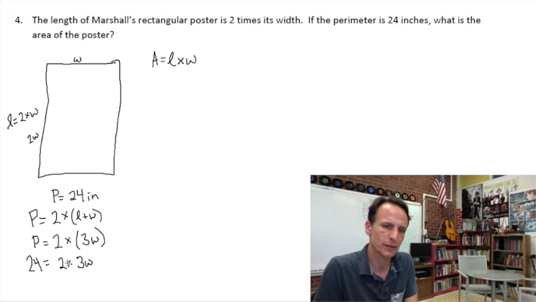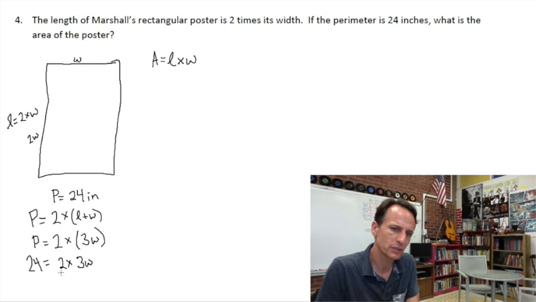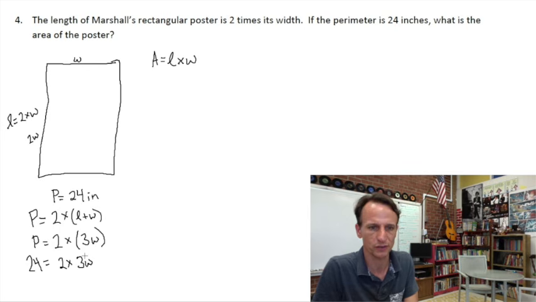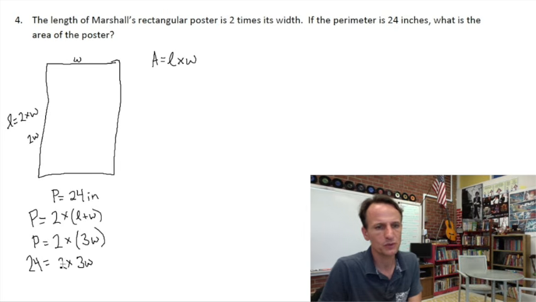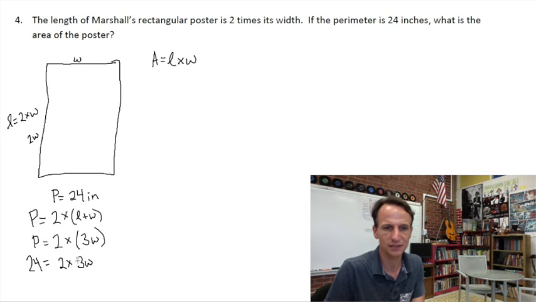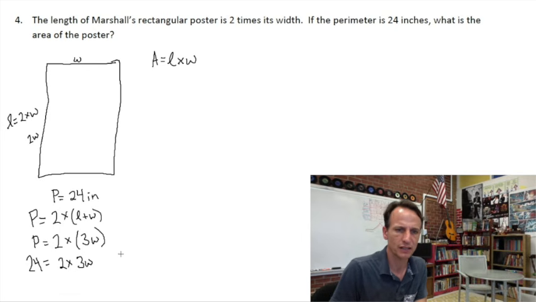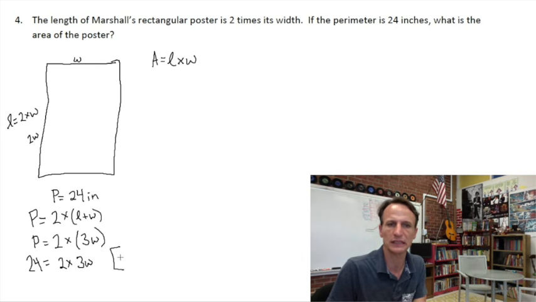So if we were to work backwards, we know we're going to be doubling 3 times the width, right? So we take half of the perimeter. See how that works? Because that's what we'll get when we do this operation. I'm going to put this in a bracket over here because it's just something I'm thinking about.